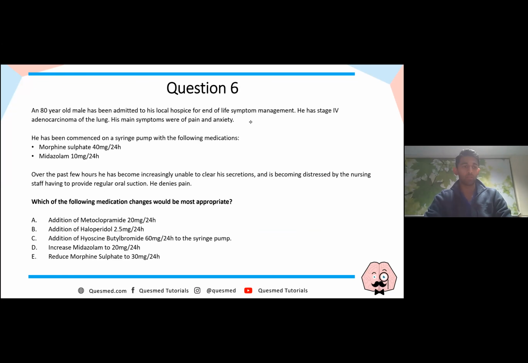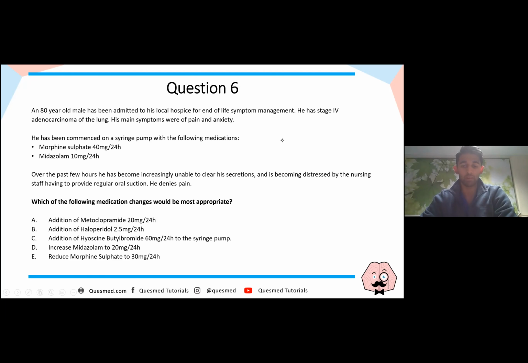We're in the prescribing section of this tutorial. Okay, so this is about medication changes, and from the question, I'm sure it's clear to you that this is a palliative care setting. So let's have a look.